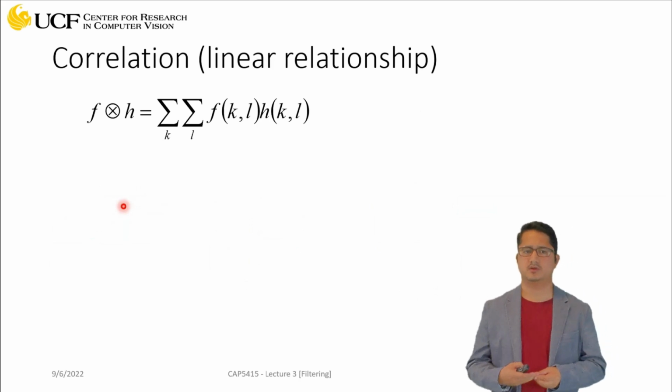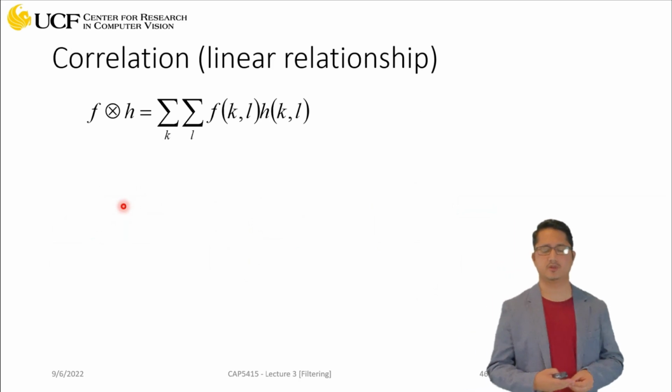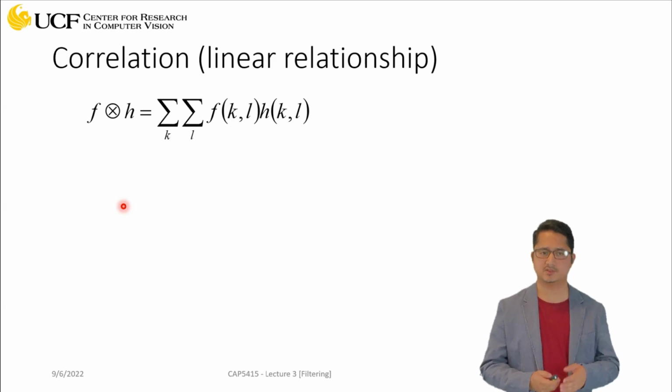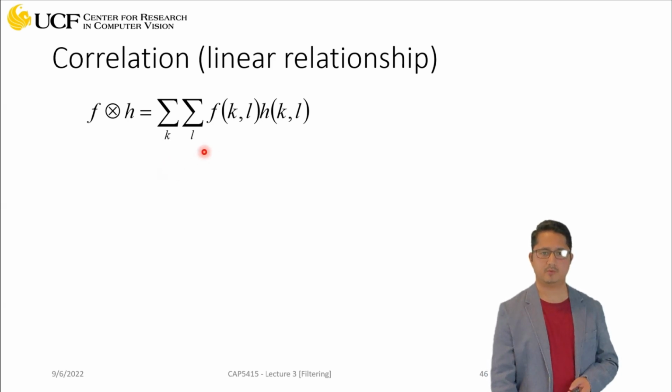Now, there are different formulations which you can use to represent this filtering. The basic one is called correlation. The mathematical formulation for correlation is you have two different functions, f and h, and you perform element-wise multiplication of these two functions over some neighborhood, in this case k and l, if it's a two-dimensional function.